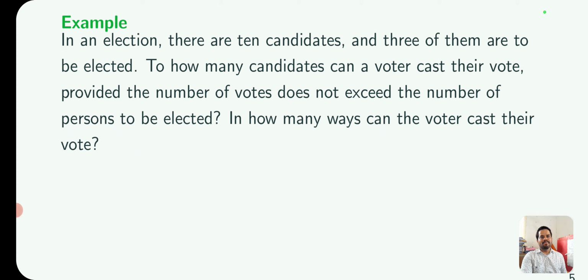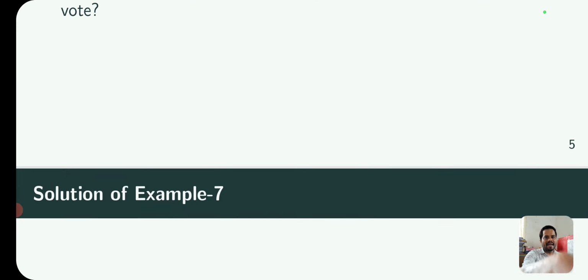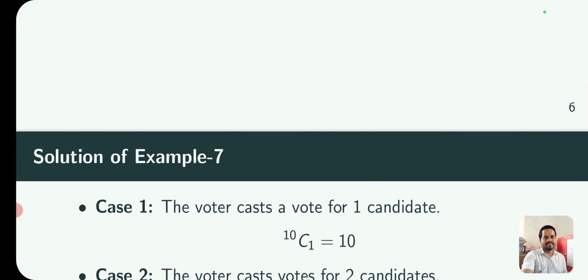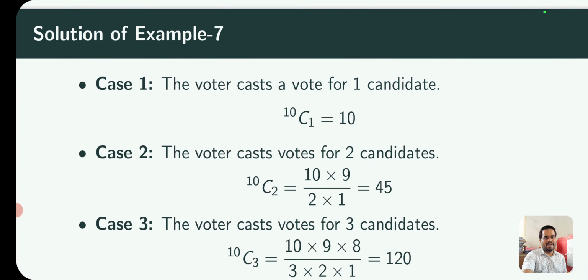So let us see. Case number 1: the voter casts a vote for one candidate, in 10C1 ways, which equals 10.